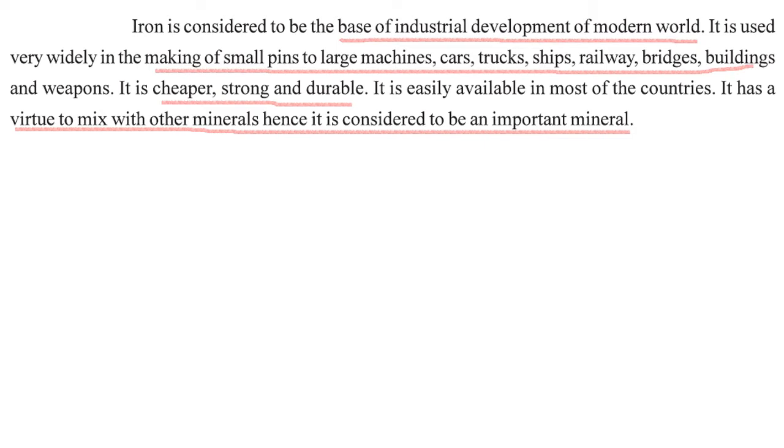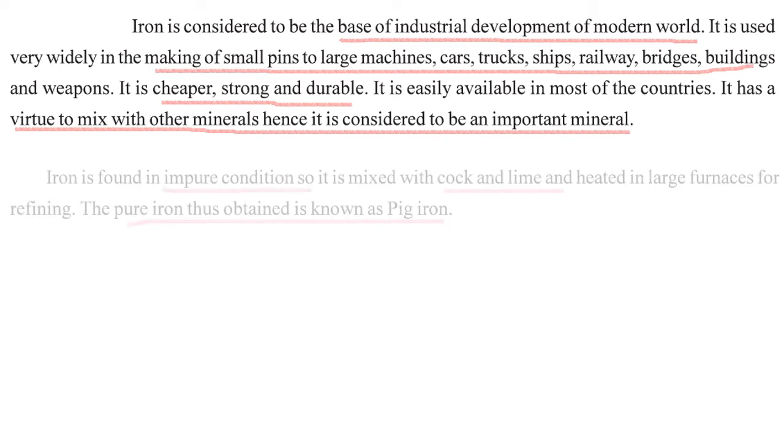It is used for making small pins to large machines, cars, trucks, ships, and a plethora of things. It is very cheap, it is strong, and it is durable. It is available geographically in almost all the countries, and the main importance of iron is that it can be mixed with other minerals, and therefore it is very important for industrial development.